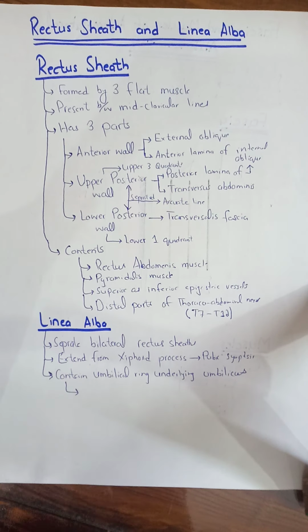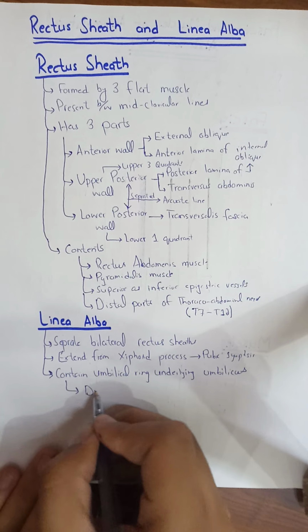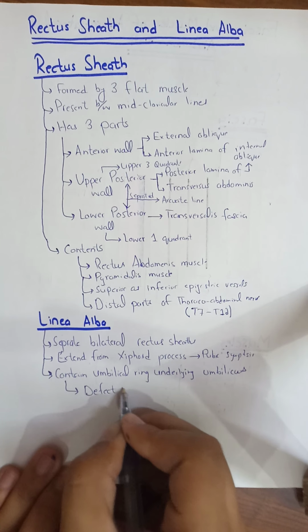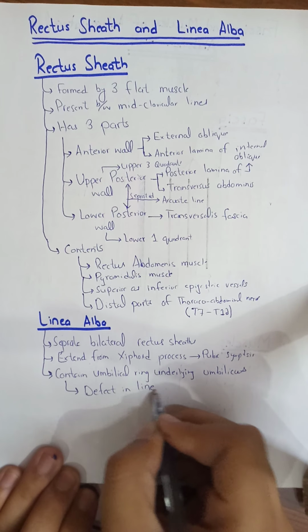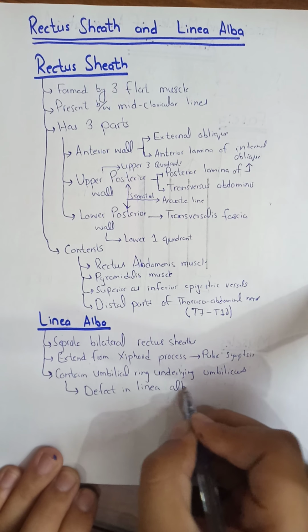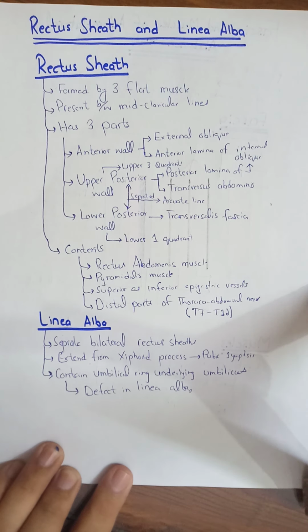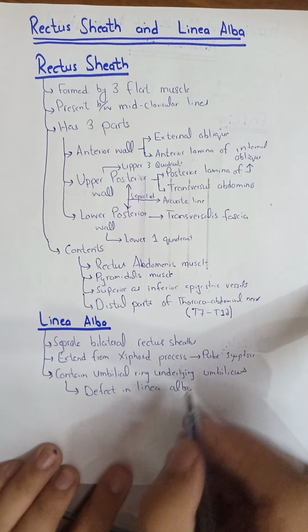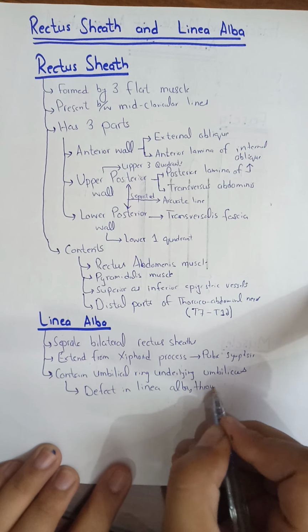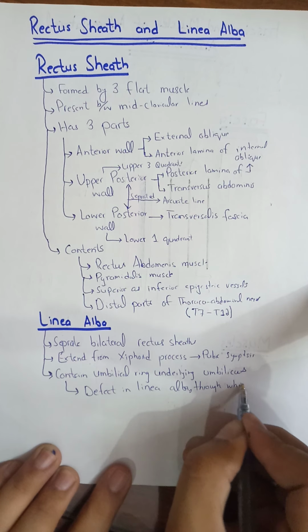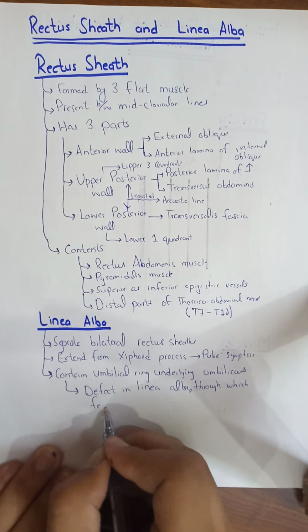It is actually a defect in the linea alba, through which the fetal umbilical vessels pass to and from the umbilical cord and the placenta.